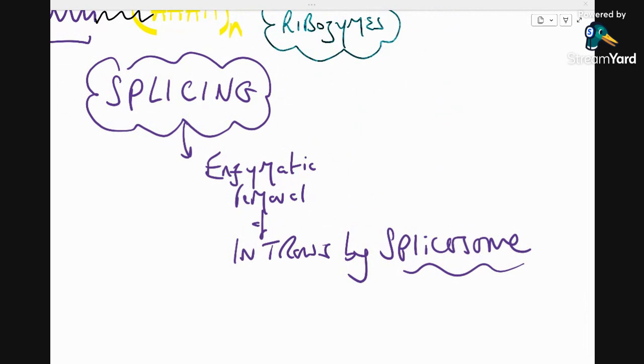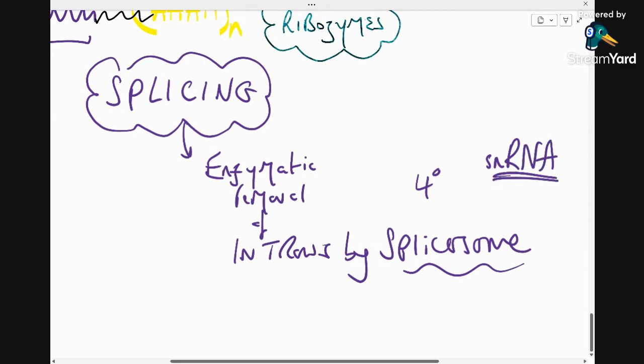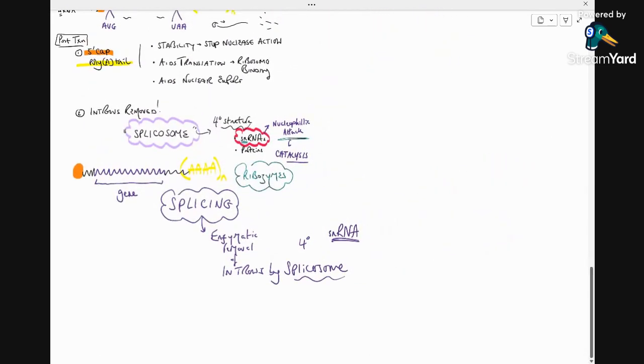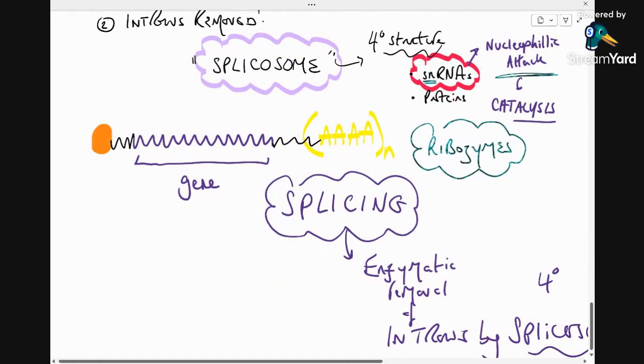It's a big quaternary structure complex, but it's the snRNAs, the RNA component, that achieves catalysis here. This is now our final product. This is now mature messenger RNA. We're absolutely happy with this. We can deal with it.